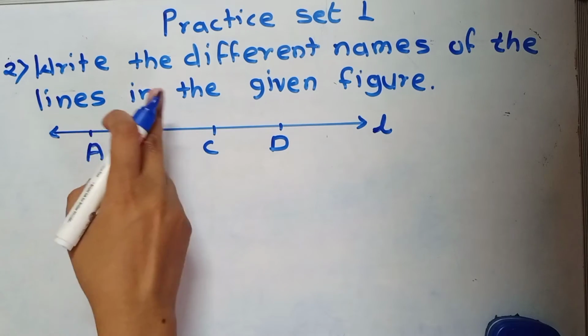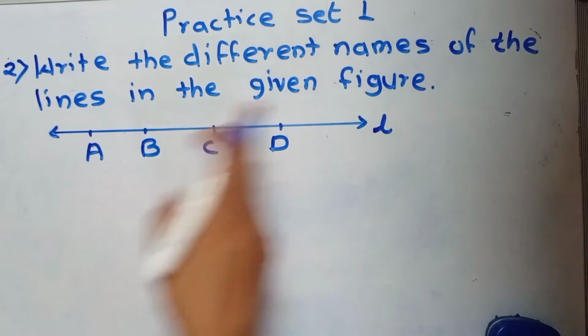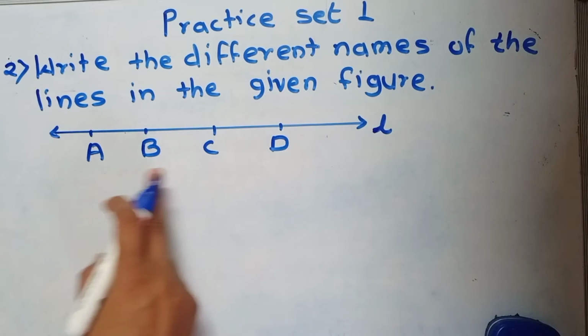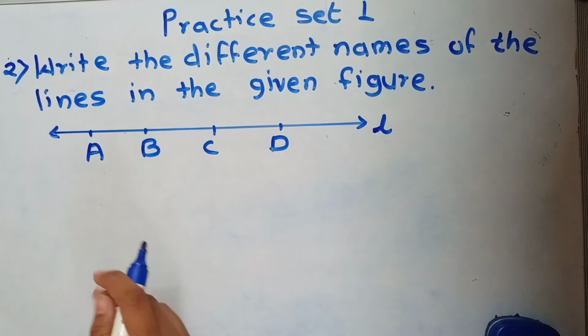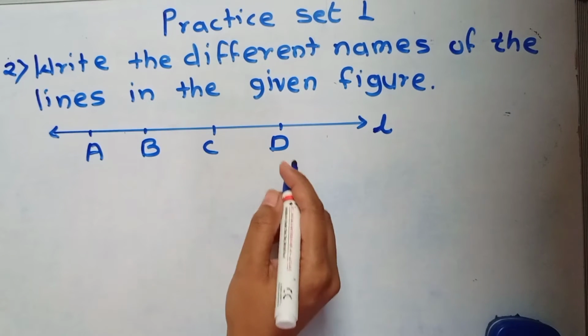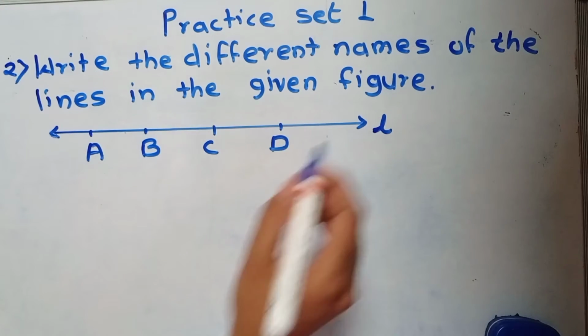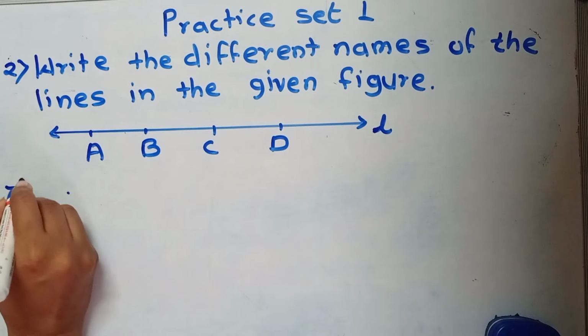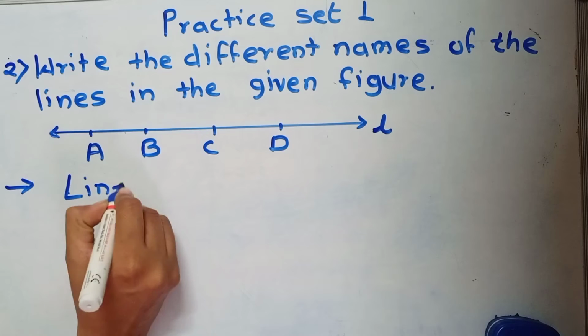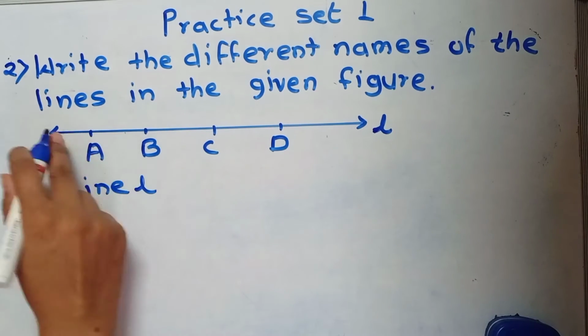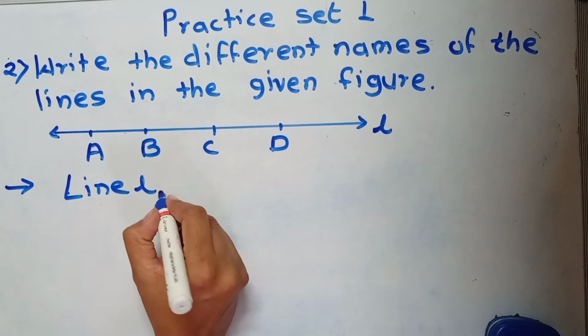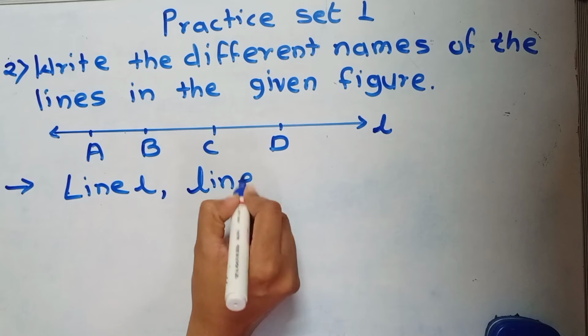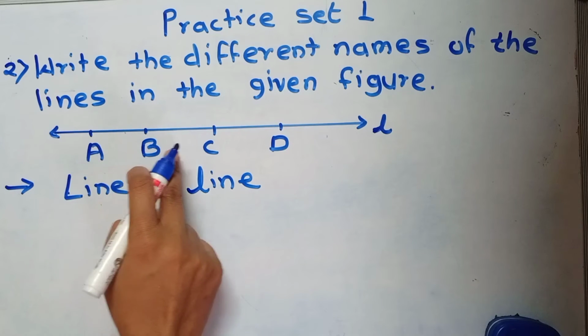The second question is, write the different names of the lines in the given figure. You are given the line L. So you have to write down the names of the lines. So write down the answer. Line L. This is the line L. Now line AB.